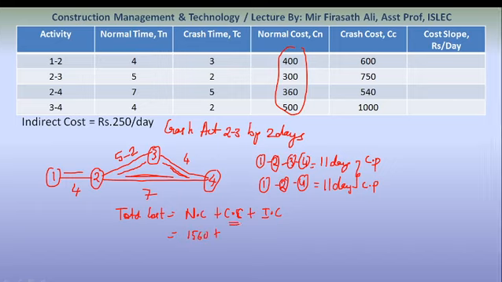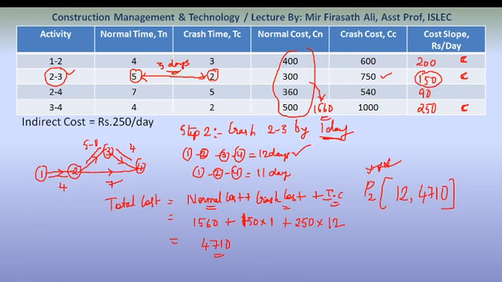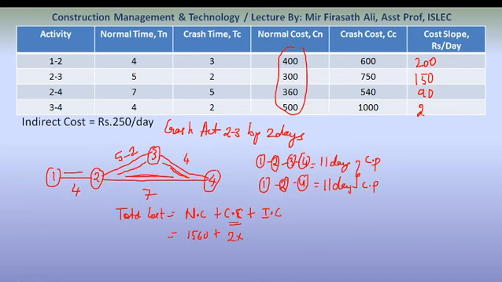Now we are crashing activity 2 to 3 by 2 days. 2 into the cost slope of 2 to 3, which is 150 rupees. Look at the previous slide: this was 200, 150, 90 and 250. Crash cost is 150 plus indirect cost 250 into 11 days, as the project is now completing in 11 days. The total cost is 4610.